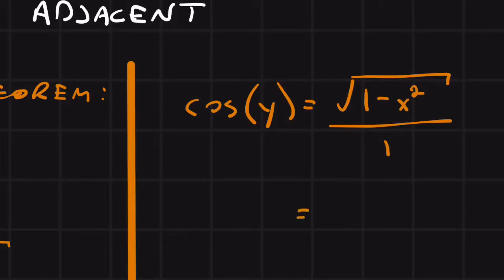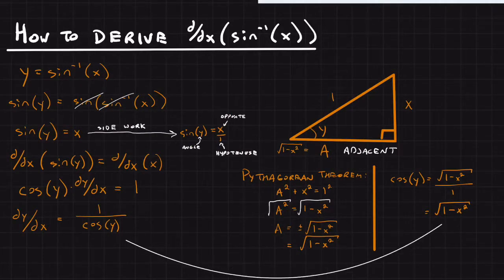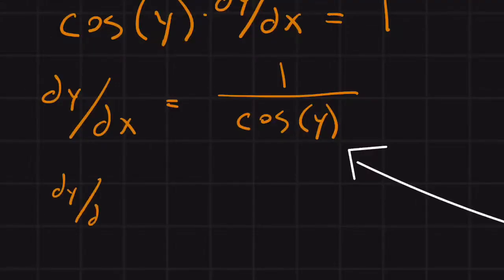And that would leave us with the square root of 1 minus x squared. And so we can replace the cosine of y with the square root of 1 minus x squared. That means that dy dx would be equal to 1 divided by the square root of 1 minus x squared.